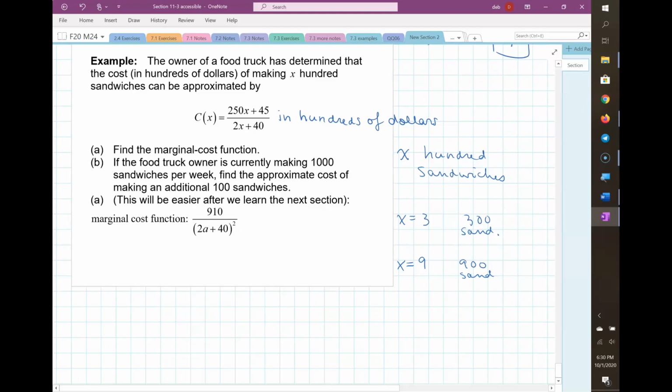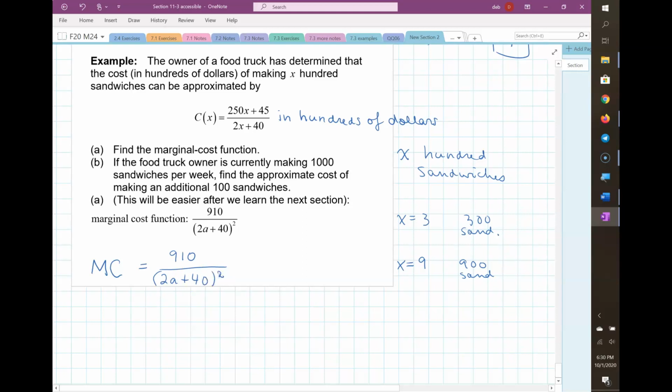So here's our cost function. And technically we should do an instantaneous rate of change to get a marginal cost function. I did that work for us, so we could just have a marginal cost function, because this one's kind of hard to do without the rules that we'll learn later.